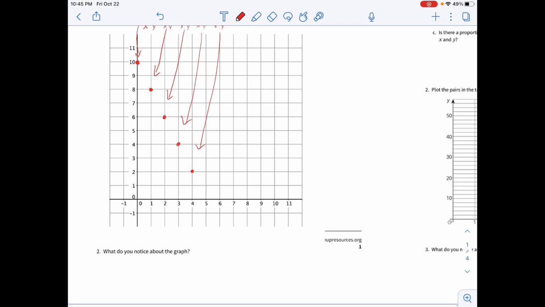Well, if you were to connect these points and draw a straight line, it seems that they keep decreasing by 2 for each one you go over. So I say decrease because as you work from left to right, the graph is going down.